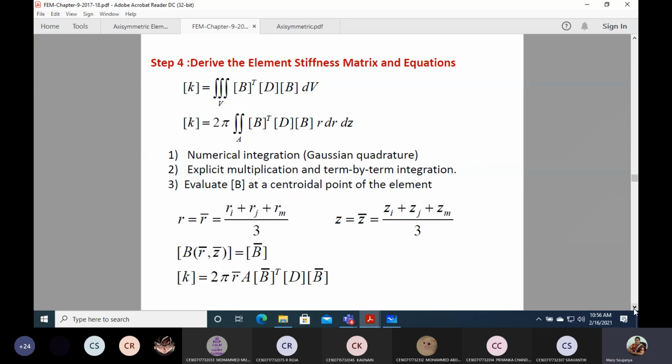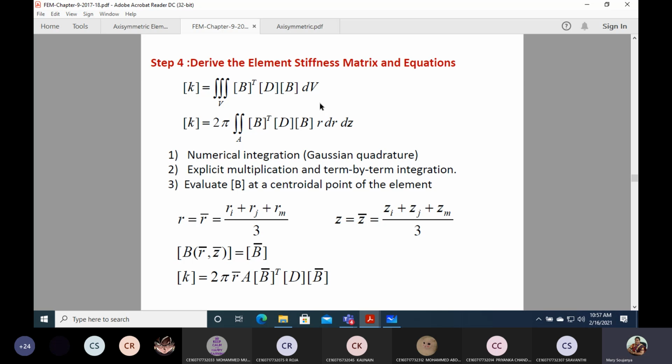The elemental stiffness matrix, this K equation, we have already seen for the CST element, for the rectangular element, for the isoparametric element, whatever it is, that is the elemental stiffness matrix for an element. When it comes to the elemental stiffness for axisymmetric, the same is taken, but here it is symmetric about the axis, so the volumetric consideration is reduced and the circumference is taken into account, 2 pi r.